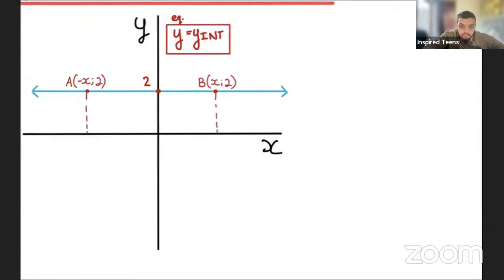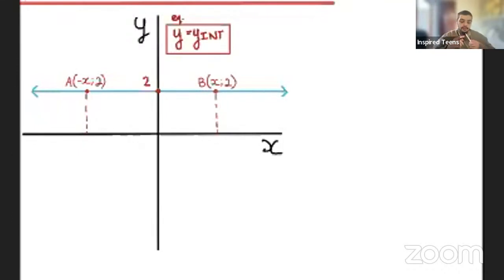I'll try and write a bit bigger so that it's easier to see.